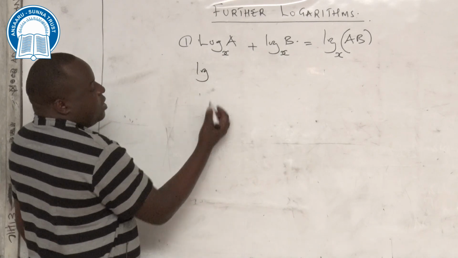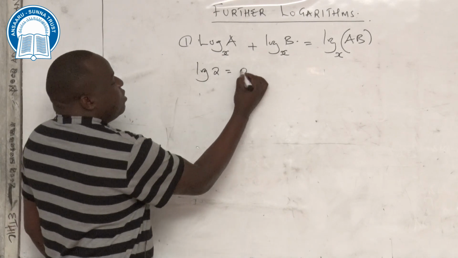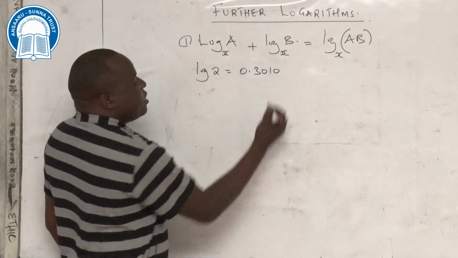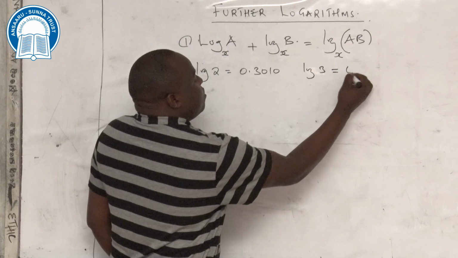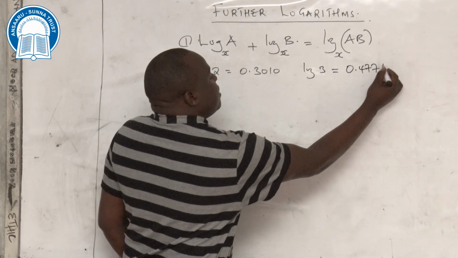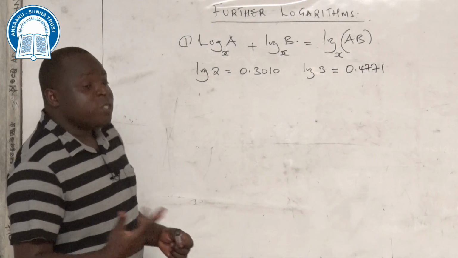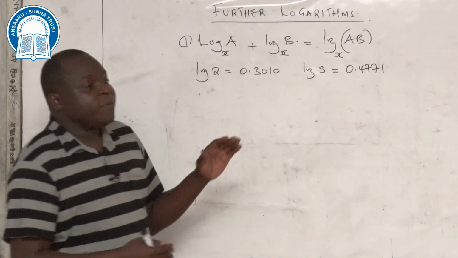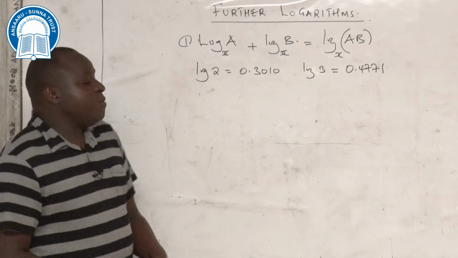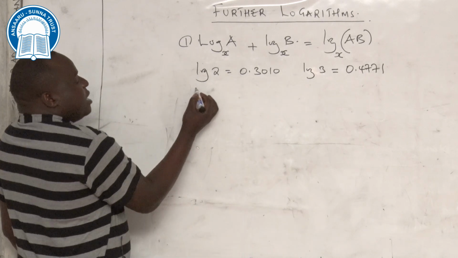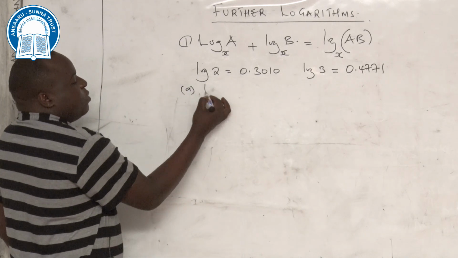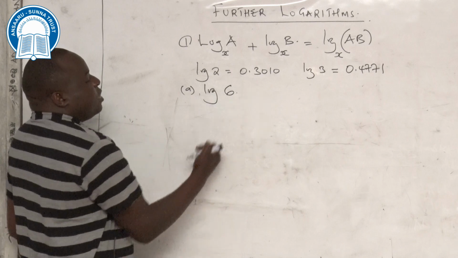Given that log 2 equals 0.3010 and log 3 equals 0.4771, without using a table or calculator, solve or find the value of several numbers there. Let's start with the first one, which is log 6.